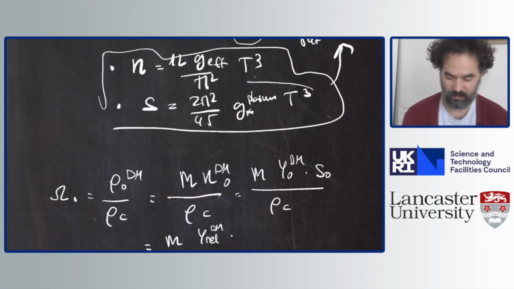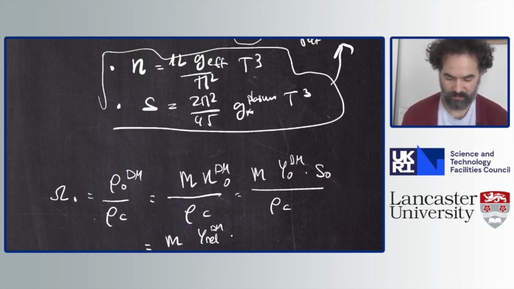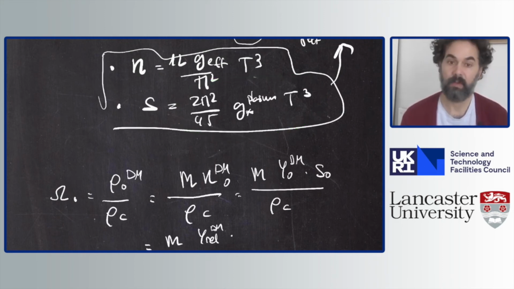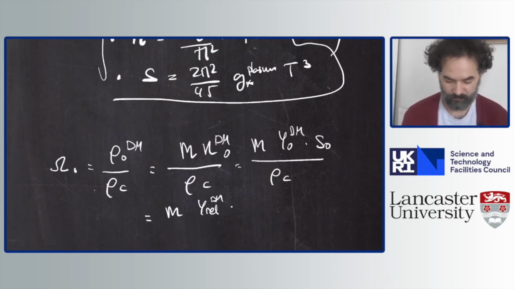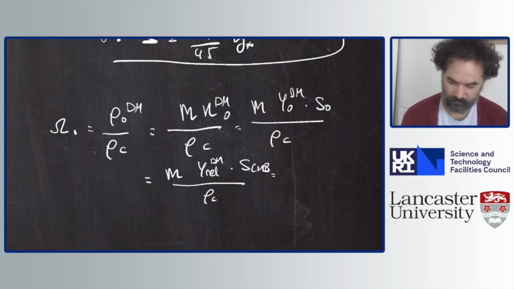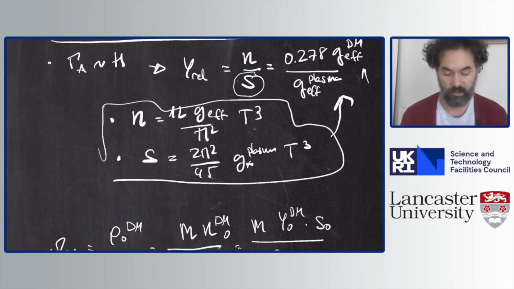So you have to take this number here and use only 2 degrees of freedom today, the CMB. And finally, that's all you need. Eventually, plugging everything in, the only thing you need to know is how many degrees of freedom were active when this particle decoupled.